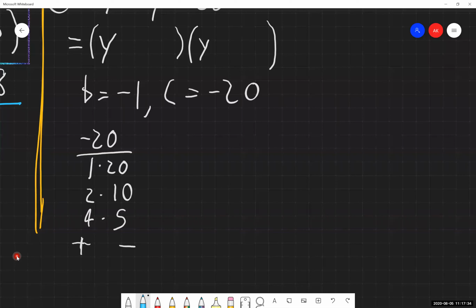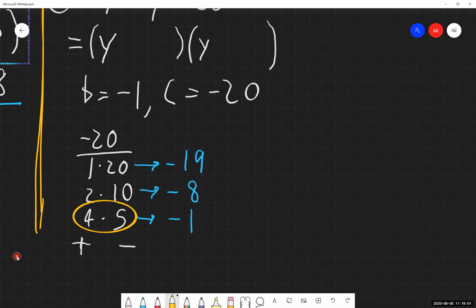And we'll see this play out when we're now combining these things as we're finding our B value. So if I have a positive 1 minus 20, I get negative 19. If I have a positive 2 minus 10, I get negative 8. And then if I have a positive 4 and a minus 5, I'm going to get negative 1, which is the thing I'm looking for.